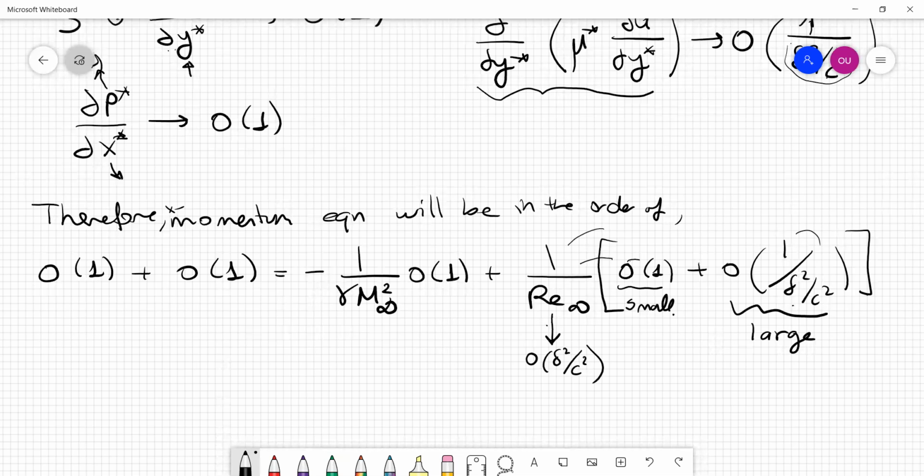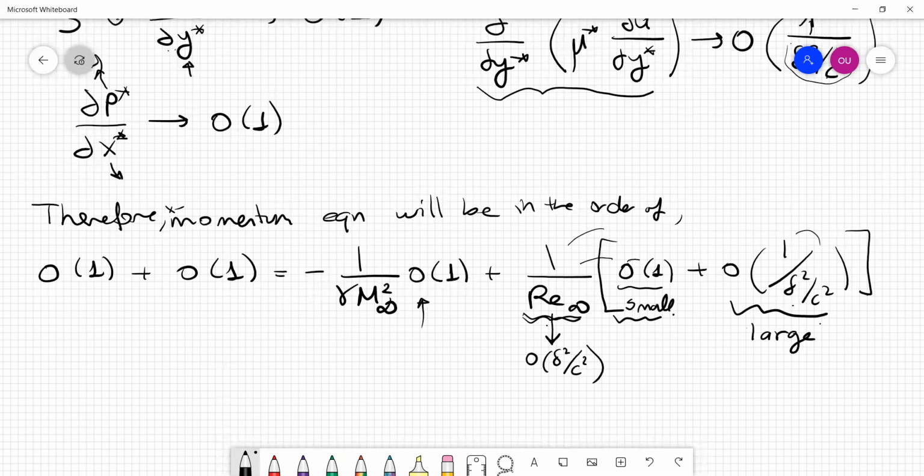Okay, so basically, small number meaning this is a small number, this is a small number. When you multiply these two small numbers, but this is a very large number. When you multiply this one, a small number, it will basically become comparable to these terms, order of 1.